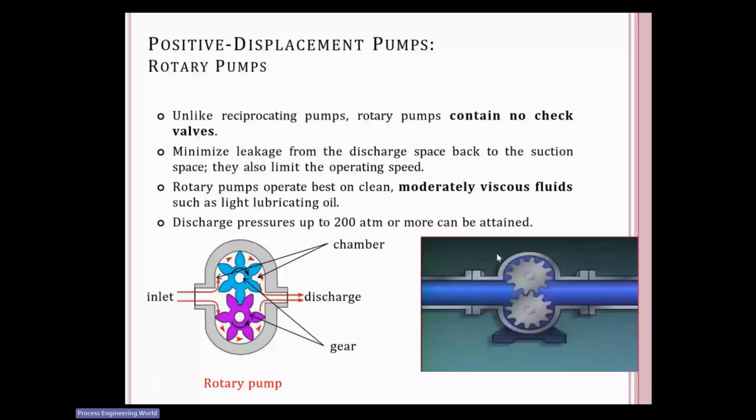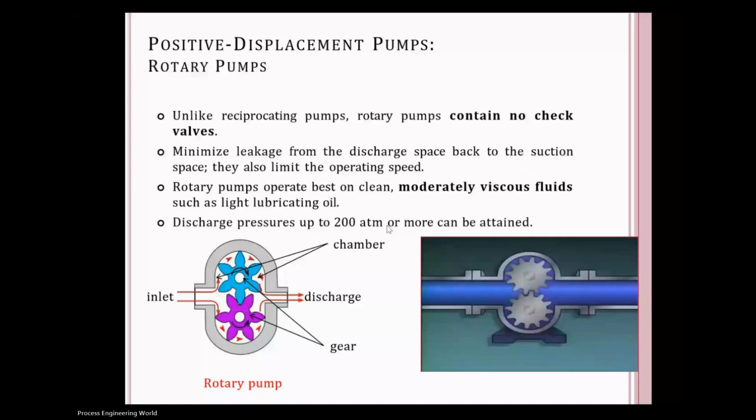So that was one case. It is still under discussion why it did happen, and the reports have not been released yet. That's why the term 'or more' is written here, but it was not written for any other pump. So still, discharge pressure up to 200 atmospheric can be attained by rotary pumps, right?